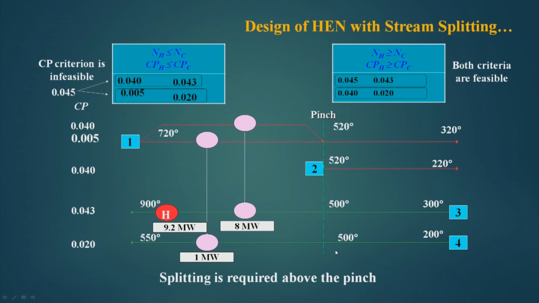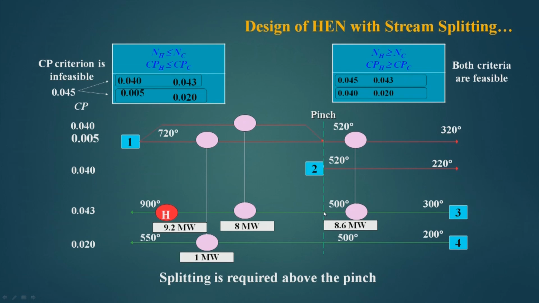Similarly, we can design for the cold end. We can put a match here of 8.6 megawatt. Then we see that this is 520 minus 320 into 0.045, which comes out to be 9 megawatt. So, 8.6 megawatt it has given to here.